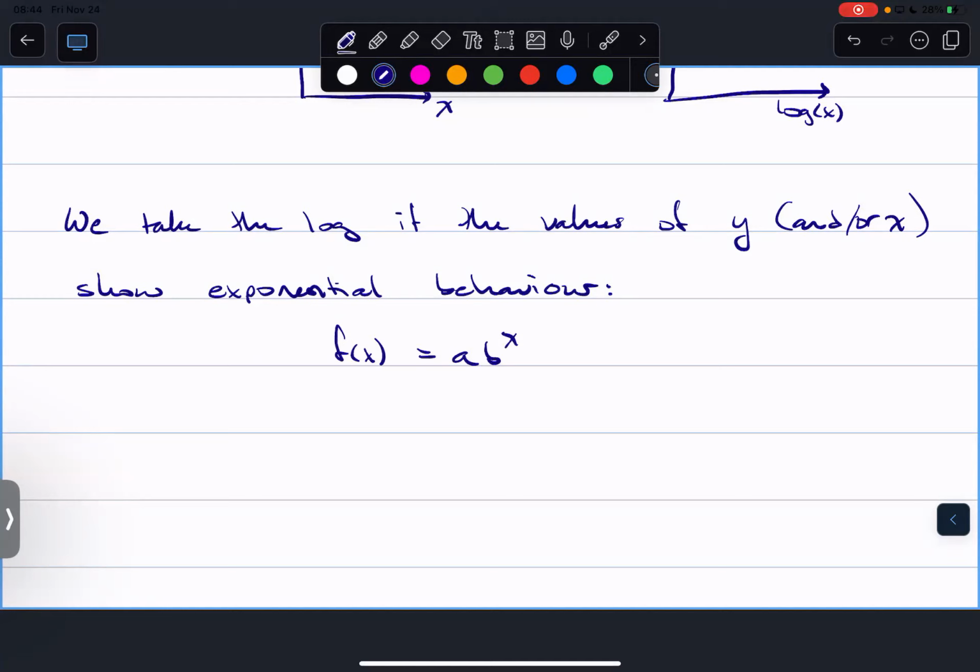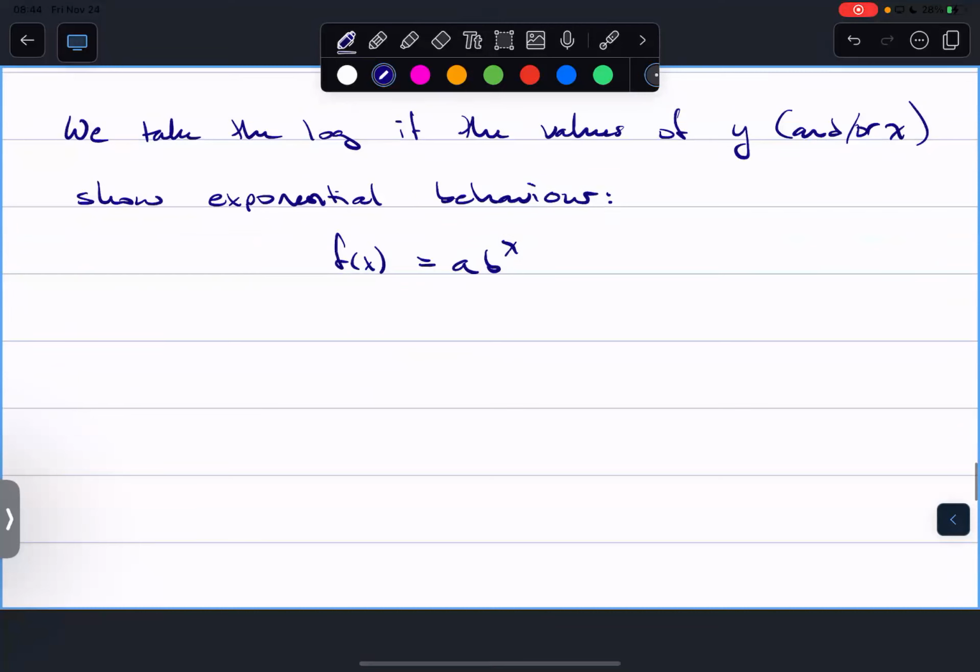Seen that? So if you can model those values with a times b to the x, then when we take the log of this, the log of f of x, or the log of y if you prefer, whenever you see f of x, you can just read y. And so this is going to be the log of a times b to the x.